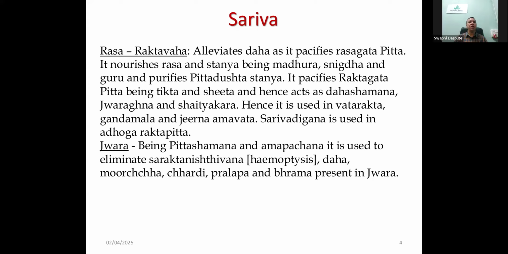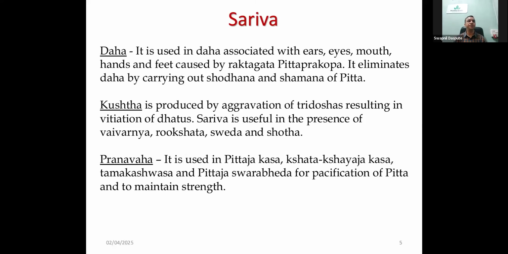Chardi is vomiting. Pralapa is irrelevant and loud talk. And Bhrama is dizziness, present in Jwara. So Sariva acts very well, Ananta acts very well in Jwara, as it takes care of the symptoms mentioned in the notes.